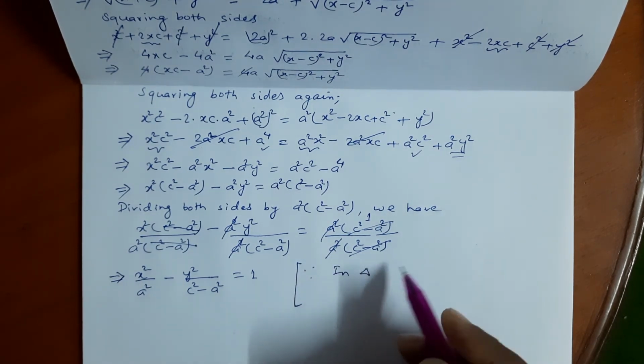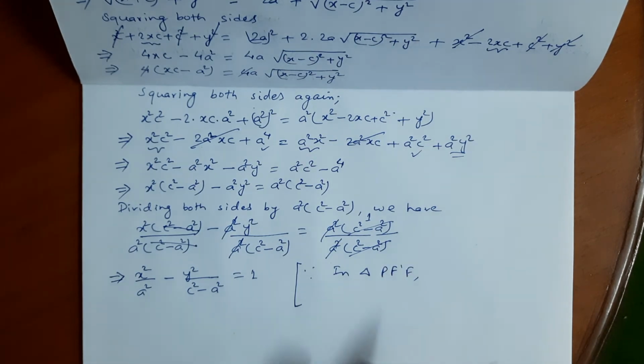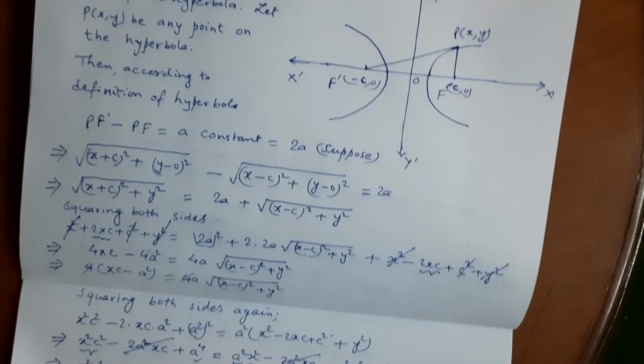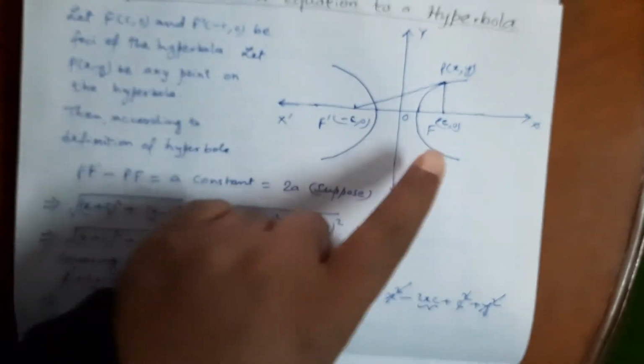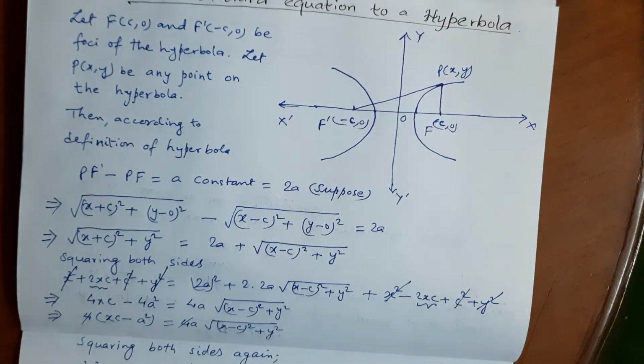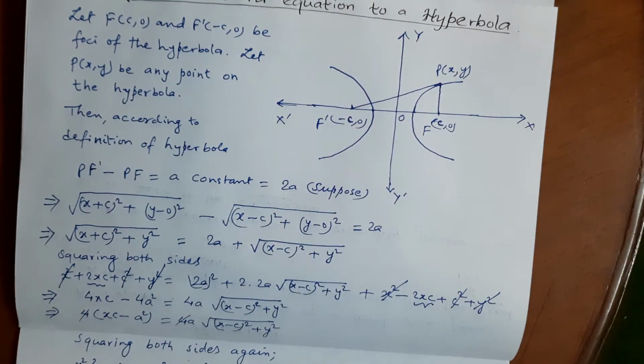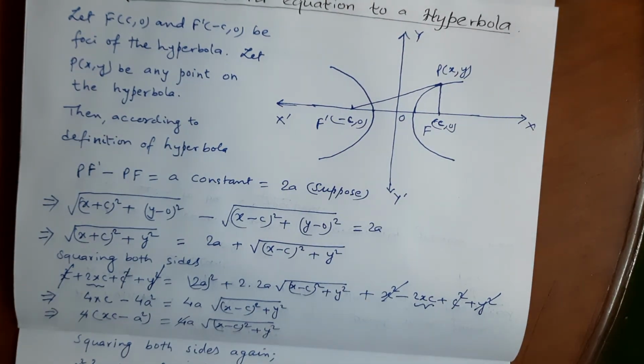And in triangle PF dash F, we can see with this triangle, here this PF dash is smaller than PF plus FF dash.